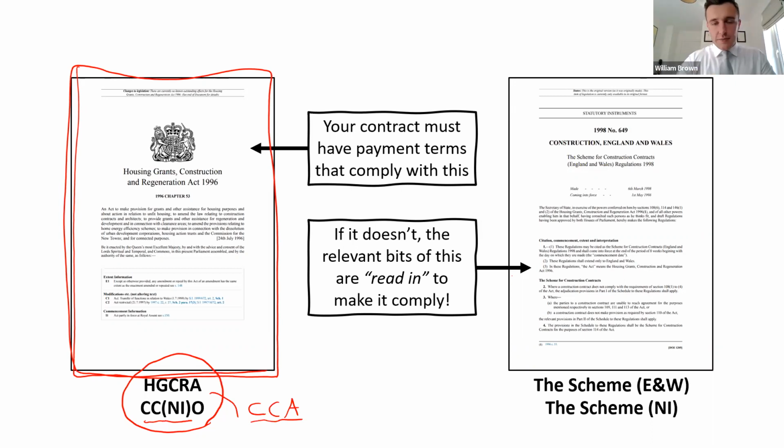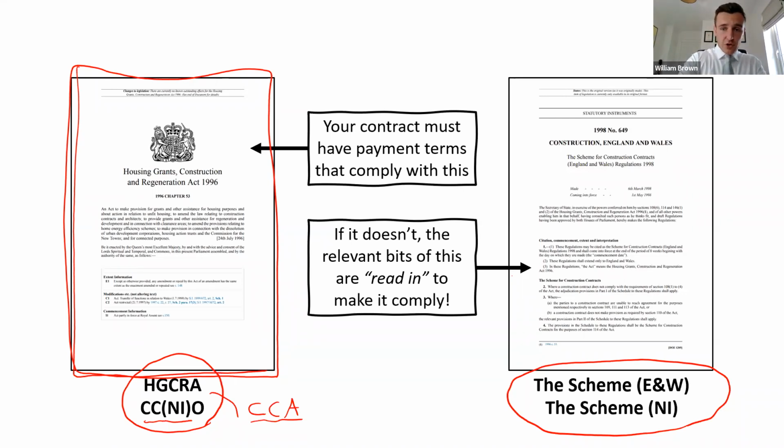If it doesn't, then the law will rip out the offending part of your contract and will replace it with a compliant version of that particular part of your contract. And you will find those compliant versions within a separate document, and that document we call the scheme for construction contracts.